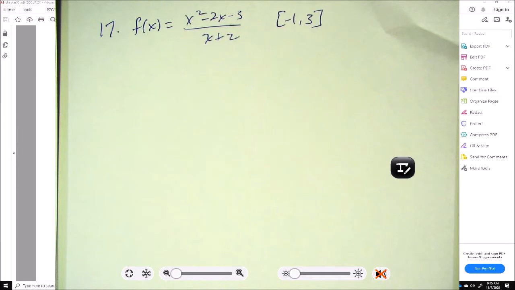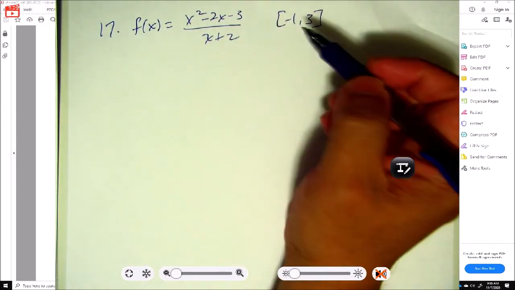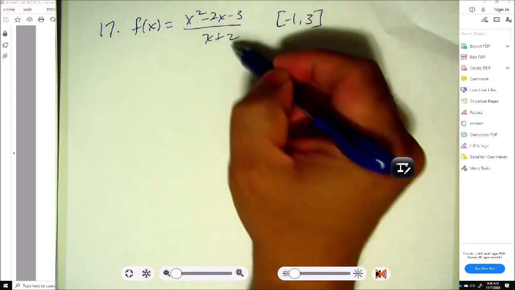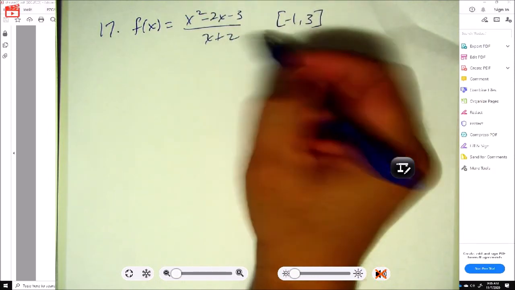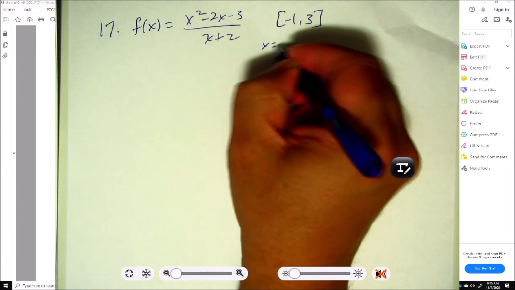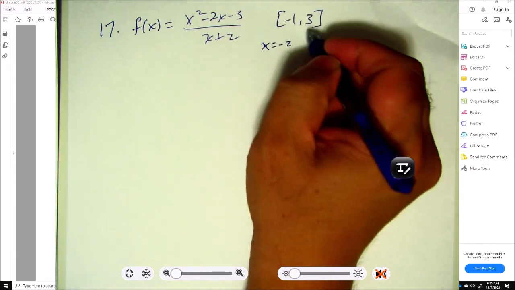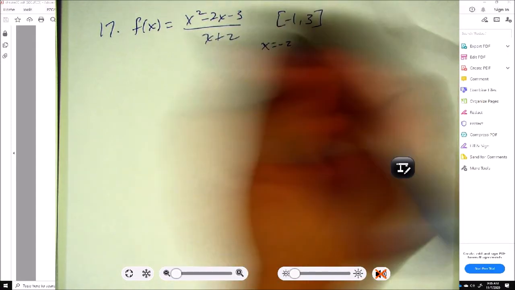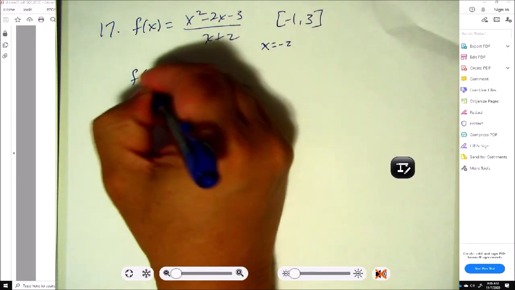Alright, so first of all, you've got to see if this function is continuous on this interval. Well, this function is not continuous at x equals -2, and x equals -2 is not part of this interval, so it is continuous on that interval. Now you check what f of -1 is.